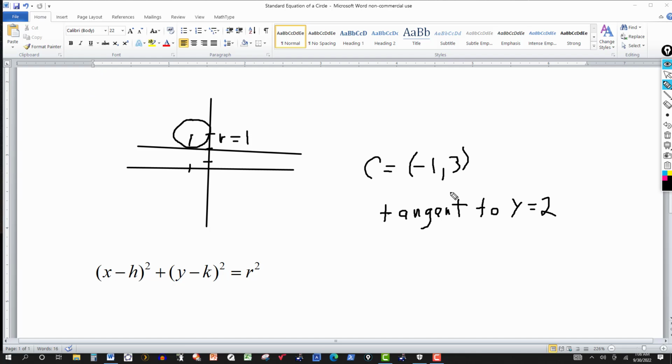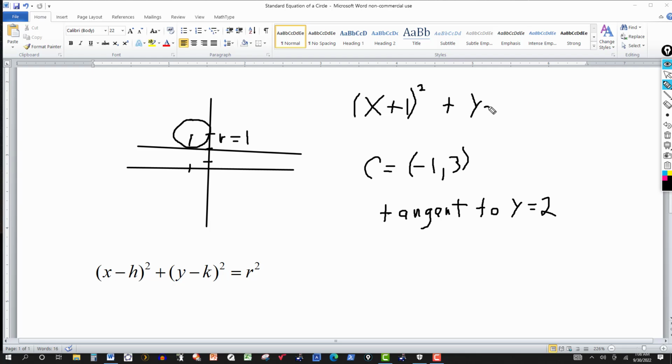Now we have everything we need. We have the center of the circle. So using the standard form here, it's going to be x minus negative 1, same thing we did in the last problem. That's (x plus 1) quantity squared, plus y minus k.